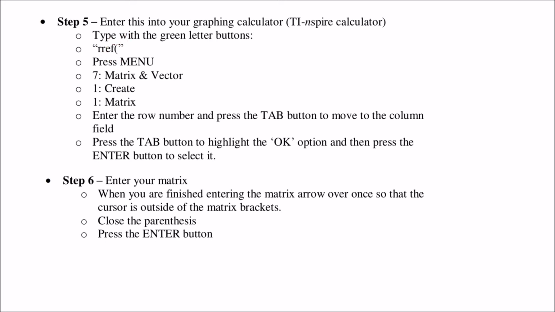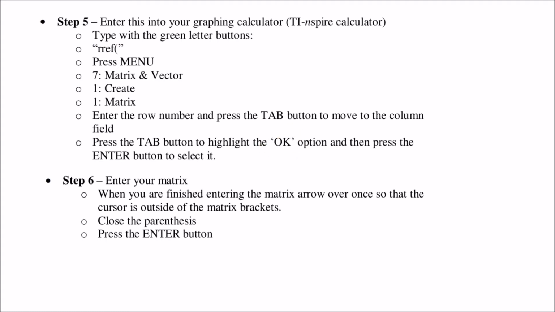Then you're going to press the menu button on your calculator, select Matrix and Vector, create matrix, and then a window is going to pop up and it's going to ask you what the row numbers and column numbers are. That's your dimensions that we came up with. Remember, we have a 4 by 6 matrix this time.